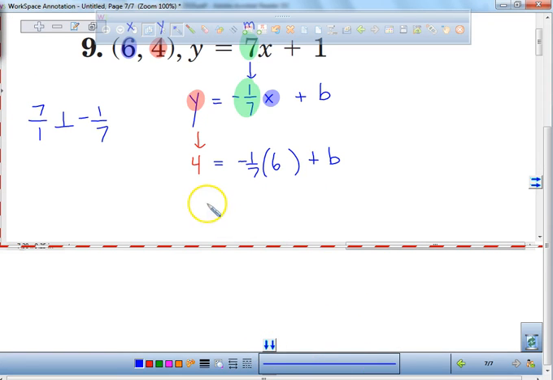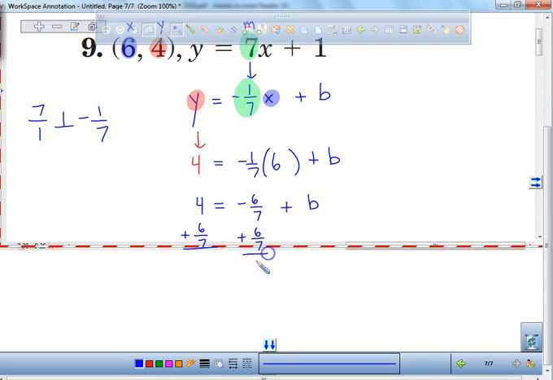Now here this stays at 4. Negative 1/7 times 6 is negative 6/7 plus b. So what do I have to add to both sides? Add 6/7 to this side and 6/7 to this side.